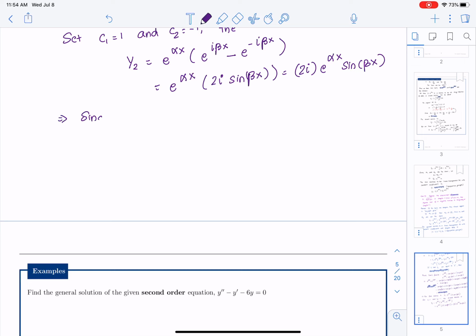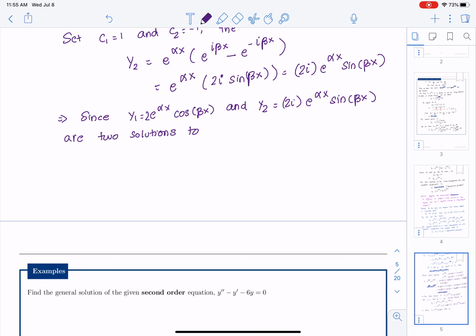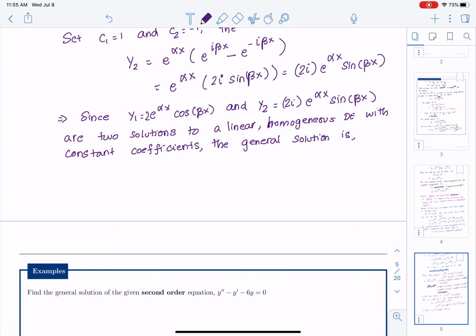Since y1 equals e raised alpha x cosine beta x and y2 equals 2i e raised alpha x sine beta x are two solutions to a linear homogeneous DE with constant coefficients, the general solution is y equals c1 y1 plus c2 y2.